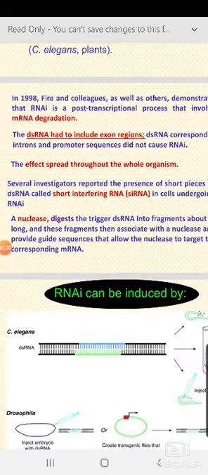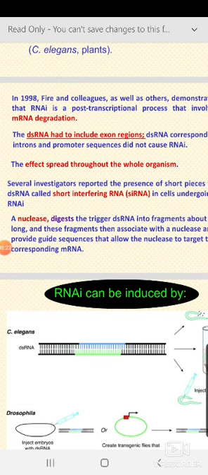Then what is the meaning of this sentence? It means that for the gene I am going to silence, I have to design a double-stranded RNA of that gene from the exonic sequence, not from the intron, not from the promoter sequence. Now, the effect spreads throughout the whole organism.